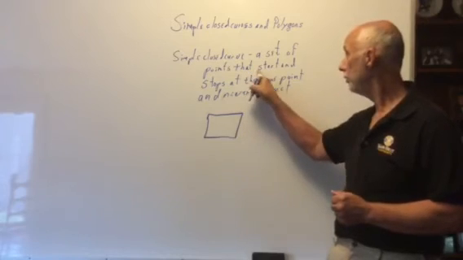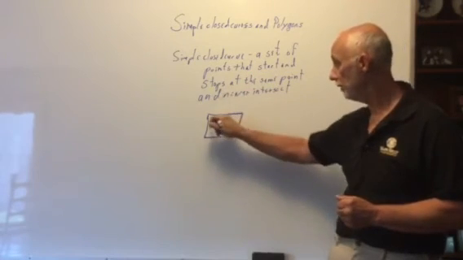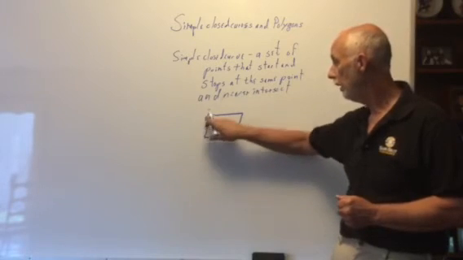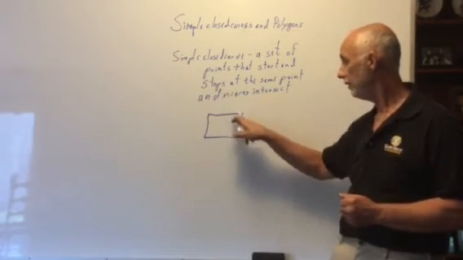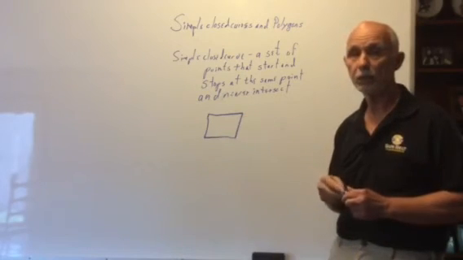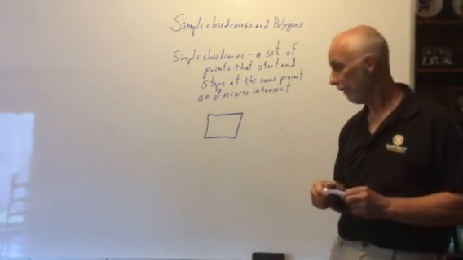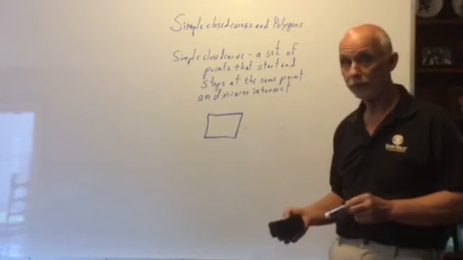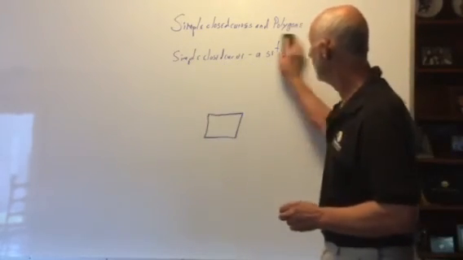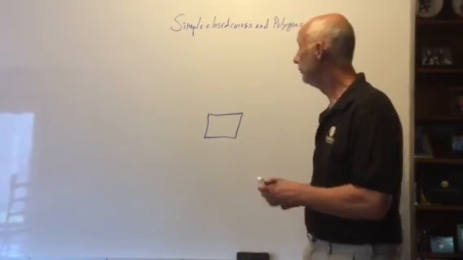All it has to do is start and stop at the same point. This does start and stop at the same point, so it is closed, and never intersects. This does not intersect anywhere. So this is a simple closed curve, even though it's not curved.